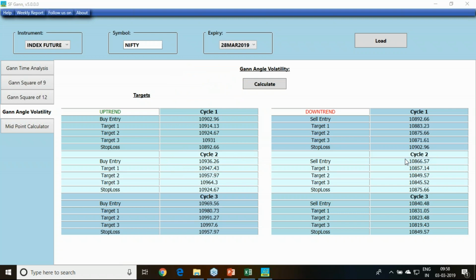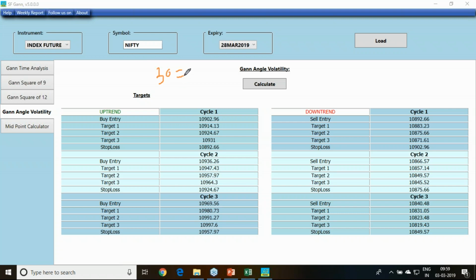So for index, why is it half? Because an index is a combination of all these things, that too for Nifty type of index. But for a sectoral index like Bank Nifty, how many stocks are there? Thirty stocks.